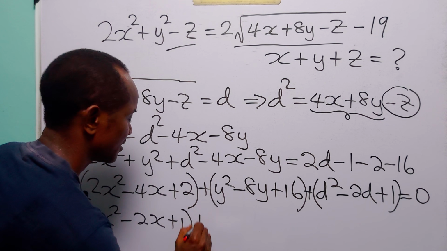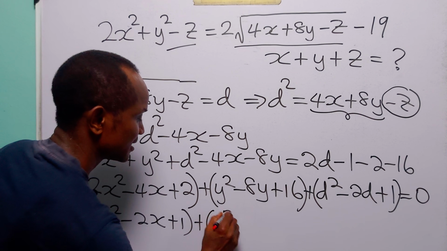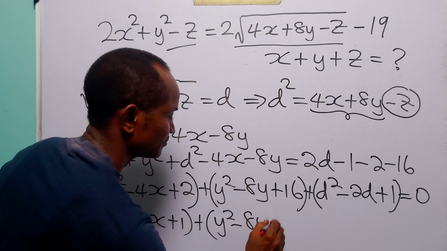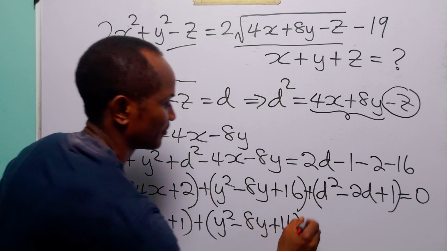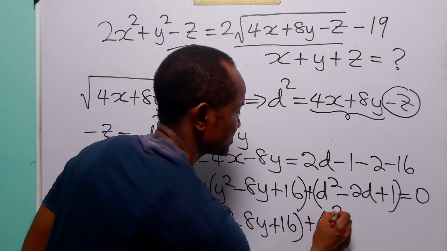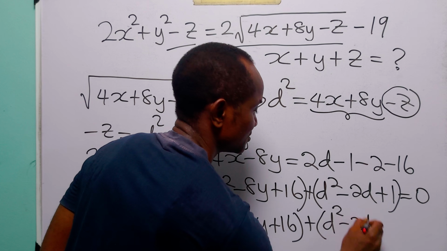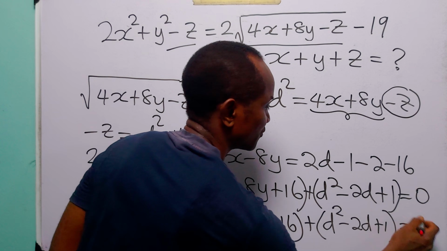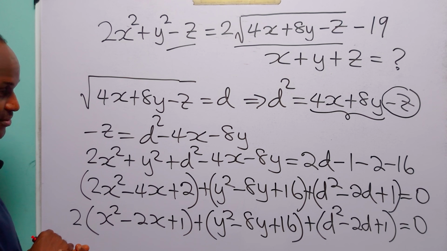Now, every other thing remains the same. d squared minus 2d plus 1, and of course this is equal to 0.